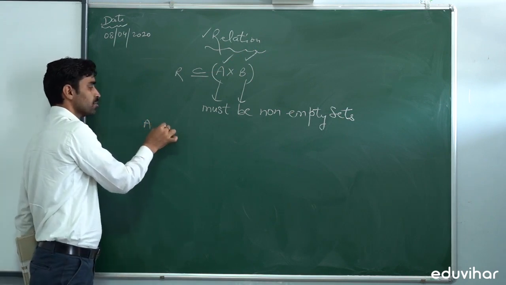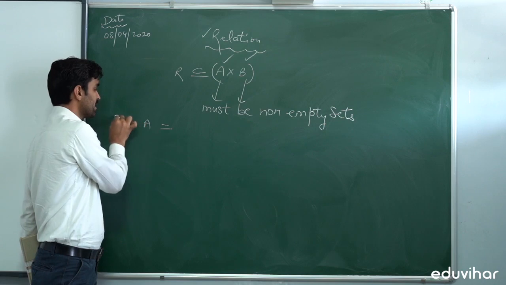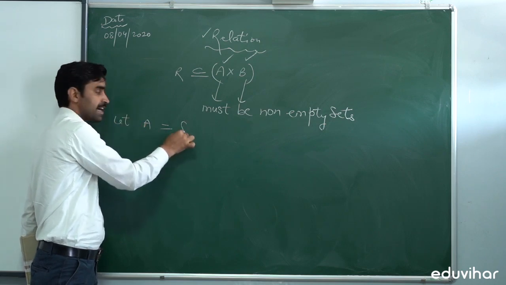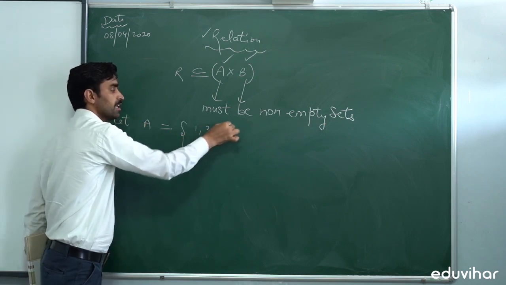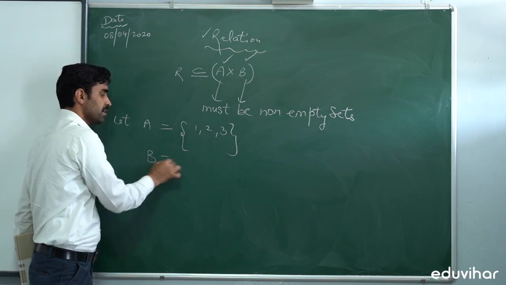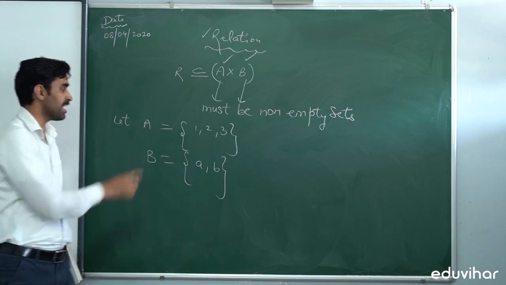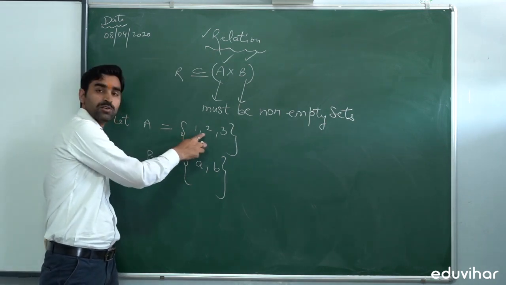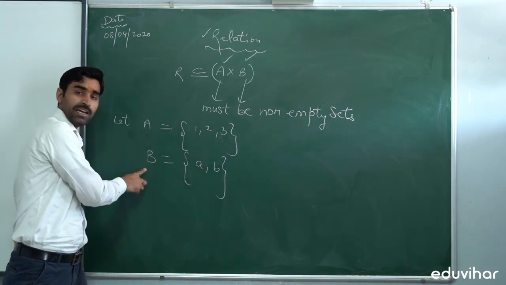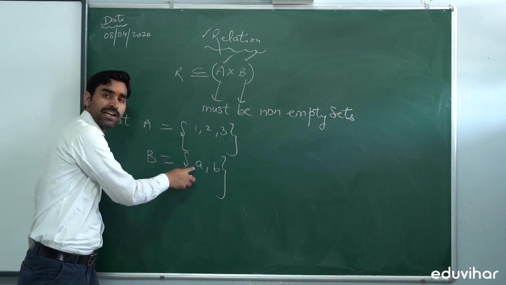Here, the Cartesian product of A and B. For this, let us consider set A as {1, 2, 3} and set B as {a, b}. The set A has the elements 1, 2 and 3, and set B has the elements a and b.